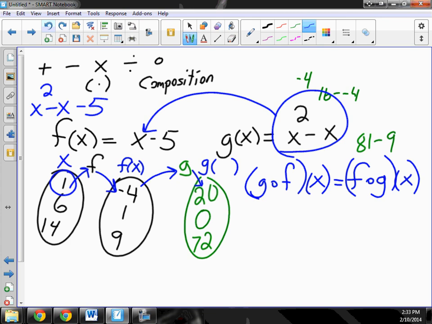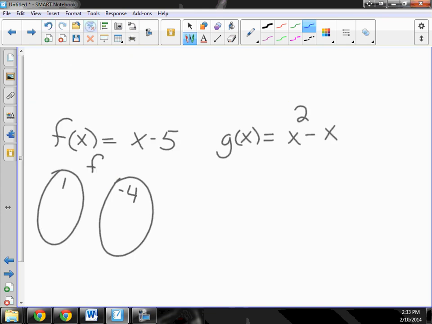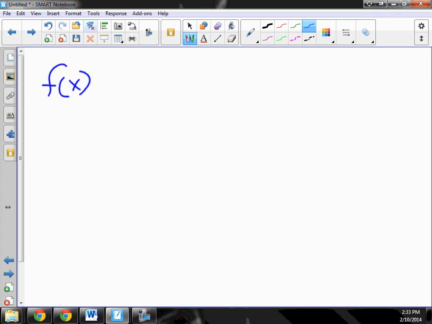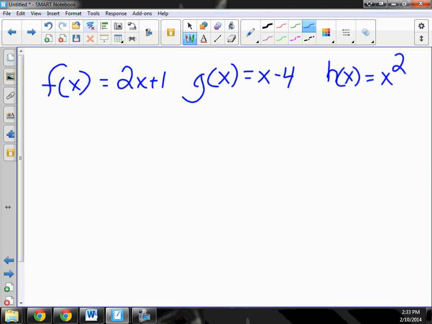Okay, so let's suppose I'm given 3 functions. F of x equals 2x plus 1. G of x equals x minus 4. And h of x equals x squared. How would I calculate this?